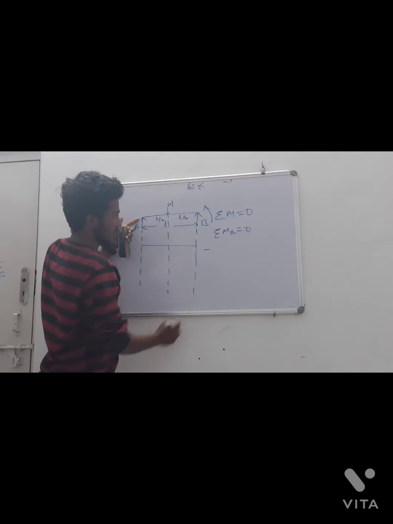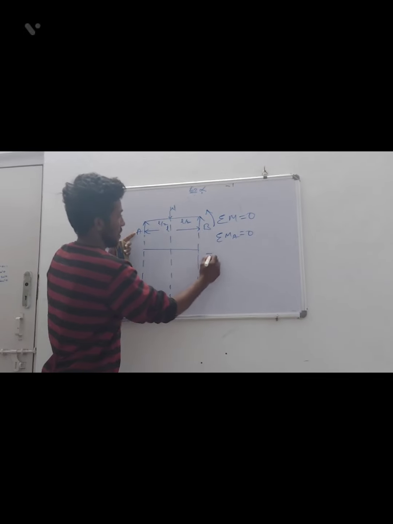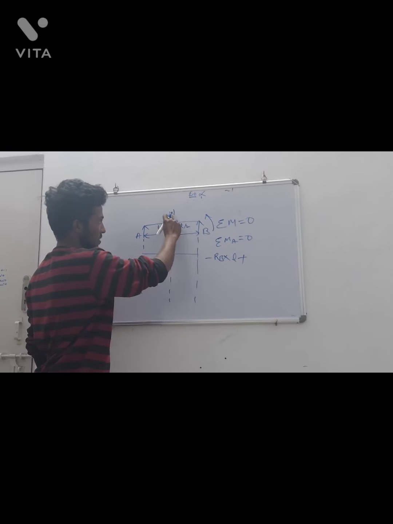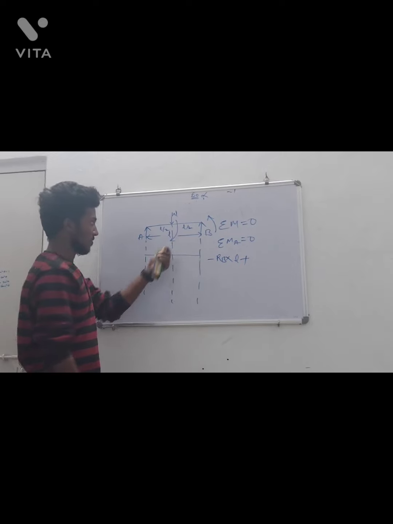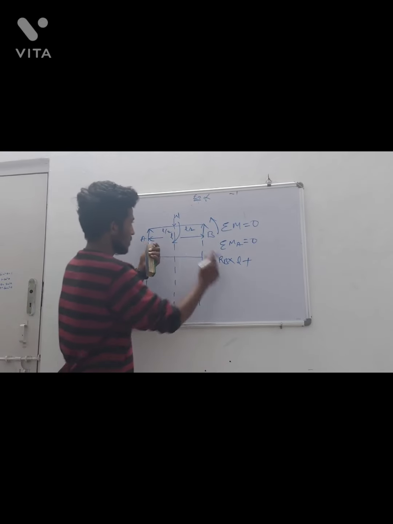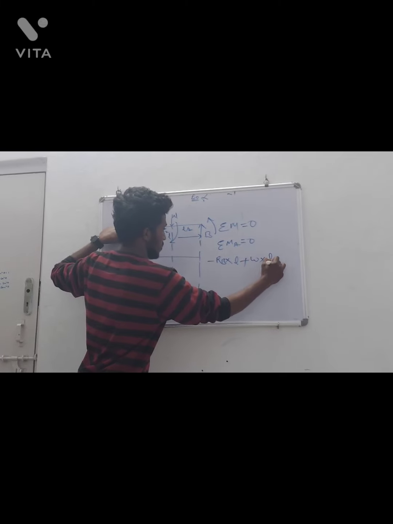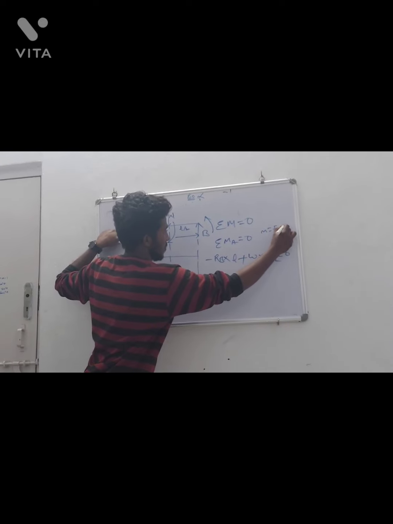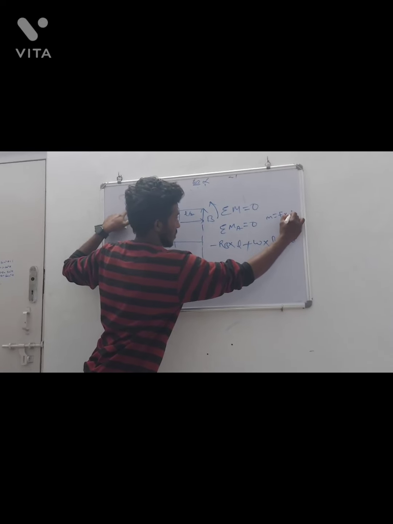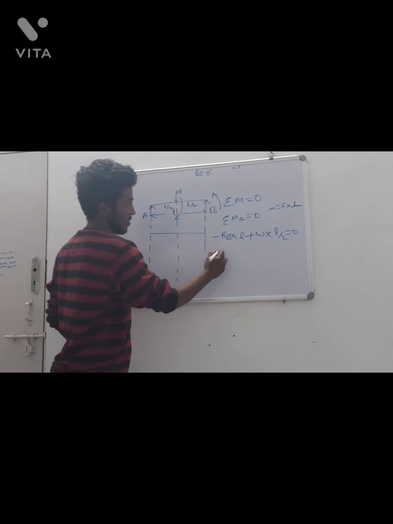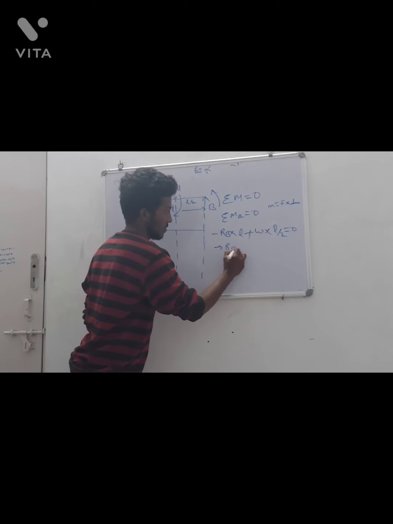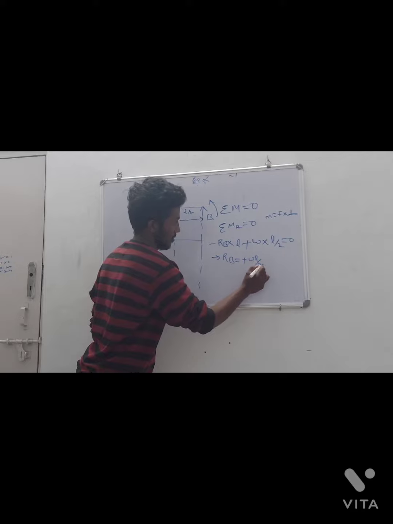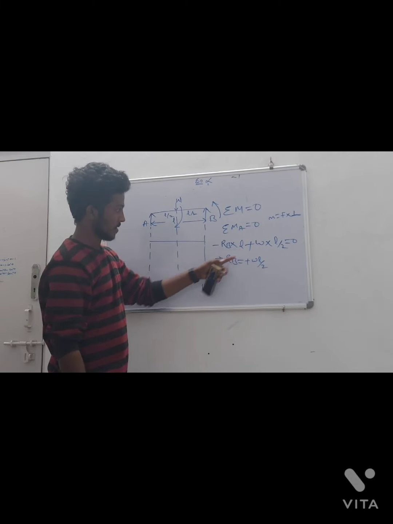Plus, because the load is acting in the downward direction, which is taken as clockwise, plus W into L by 2, which is equal to 0, because moment is nothing but force into perpendicular distance. The perpendicular distance is this one. So we get the value of RB: RB equal to WL by 2, divided by L.